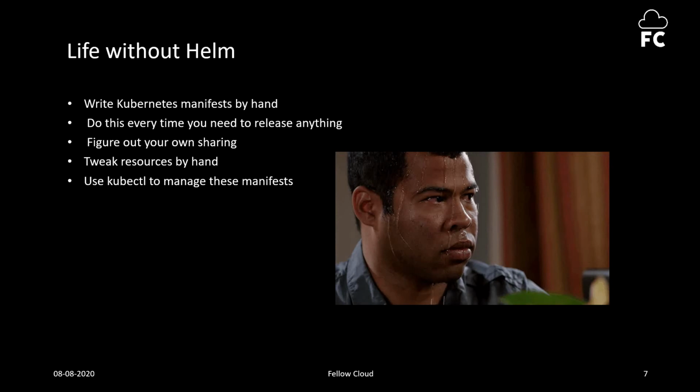Then if you are using kubectl or YAML files to deploy things in your CI/CD, you have to write some shell script for tweaking a few variables so that the deployment is seamless. And you use kubectl for deploying your things, which is difficult in terms of managing things. So Helm is there to the rescue.